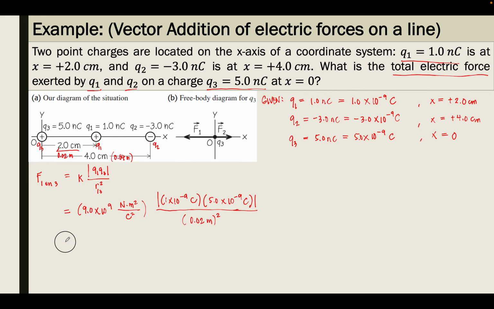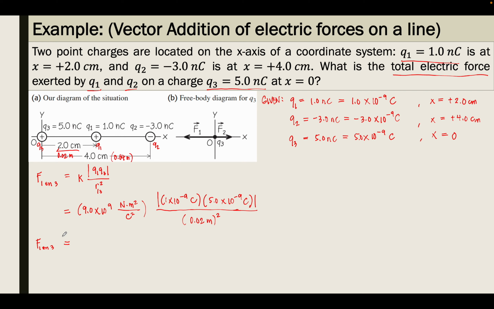Okay, if we calculate this, this is the magnitude of the force that Q1 exerts on Q3. So we have 9 times 10 to the power of positive 9 times 1 times 10 to the power of negative 9 times 5 times 10 to the power of negative 9 divided by 0.02 quantity squared.